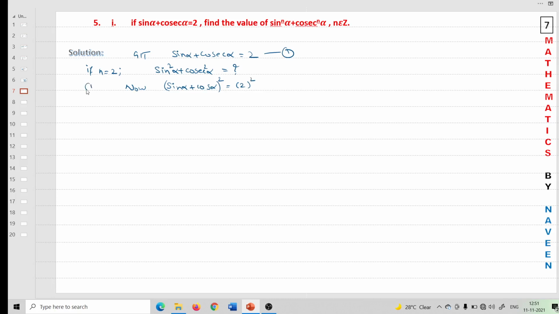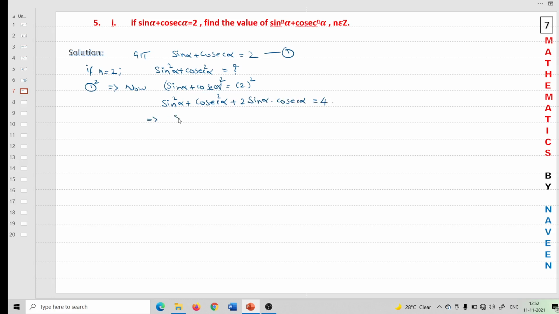Squaring both sides of equation 1. (a plus b) whole square is nothing but a square plus b square, so sin square alpha plus cosec square alpha plus 2 times sin alpha into cosec alpha, that is equal to 2 square, which is 4.